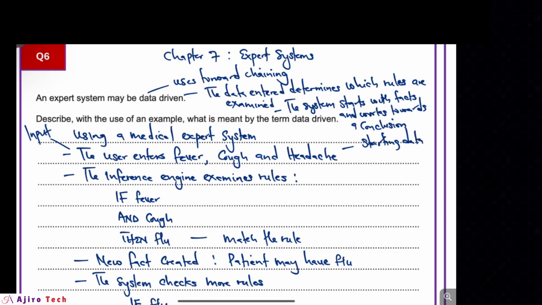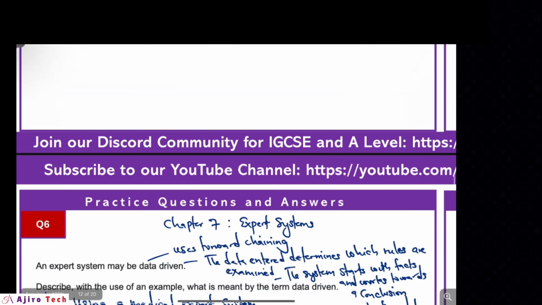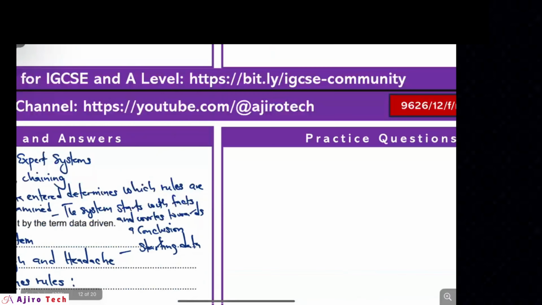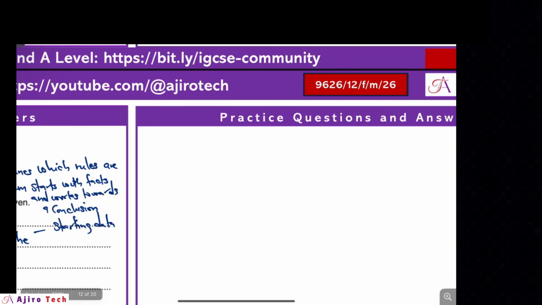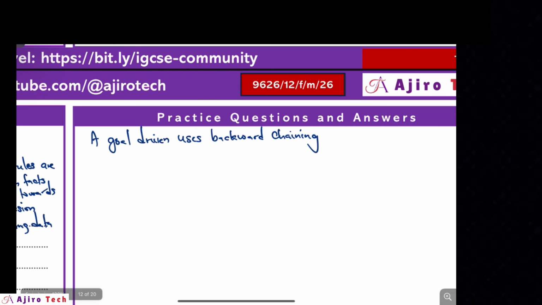So if I'm to use the goal driven for this, I talked about the fact that it uses backward chaining. I want to explain this for you. Okay, let me use goal driven for this. A goal driven system uses backward chaining.